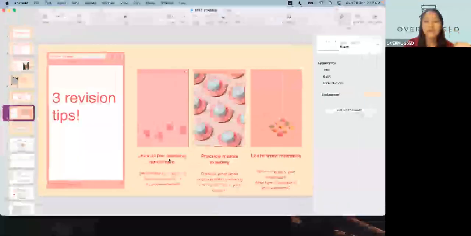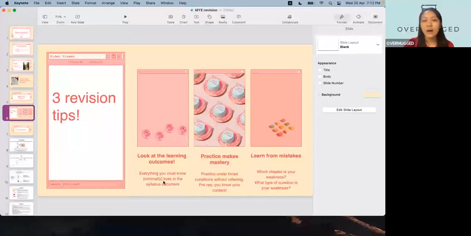Okay, so this is the first tip. If you feel like, oh, I finished studying already, I know everything already, make sure you go and test it one time. Do you already know everything? Go and look at the learning outcomes and try to answer them.